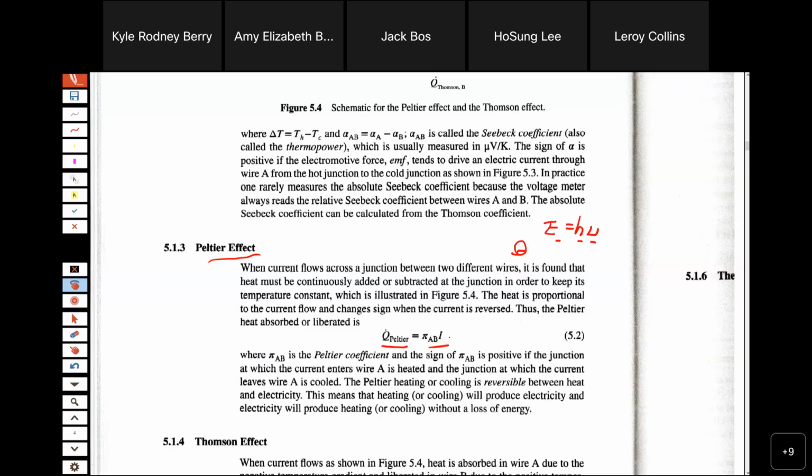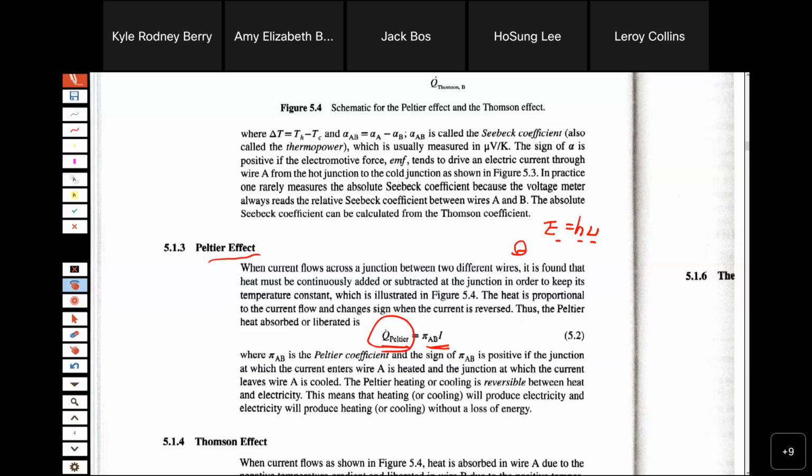Current direction is the opposite direction of electron direction. Anyhow, once electron is moving, current flows, heat flows. That's Peltier heating, Peltier cooling. One side is heating, the other side is cooling.